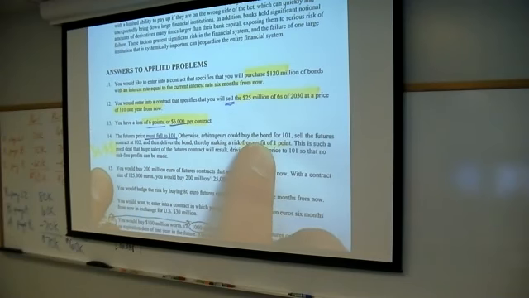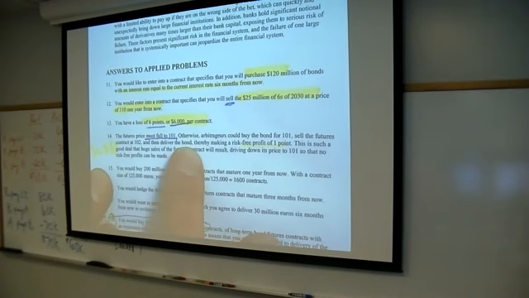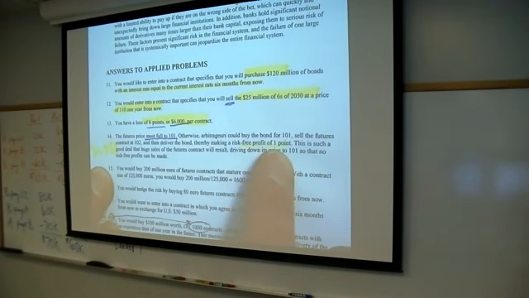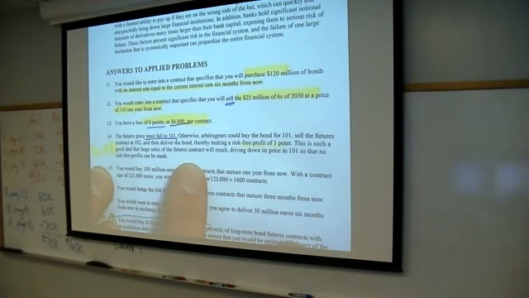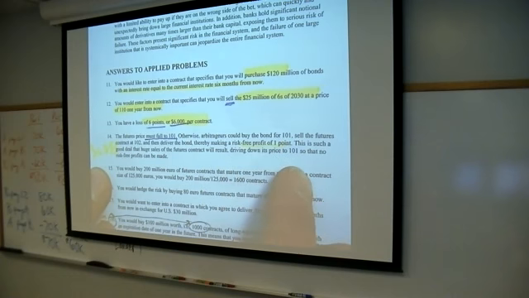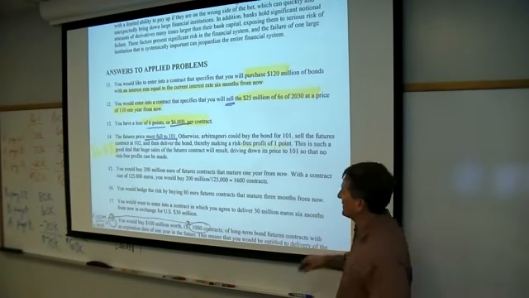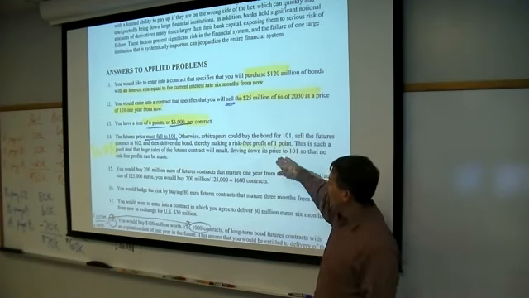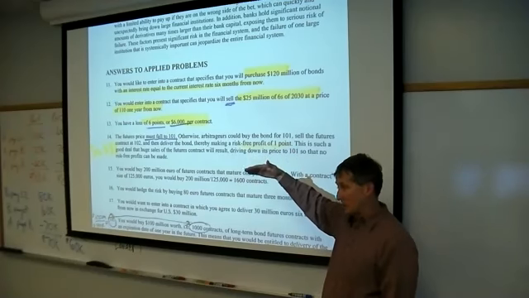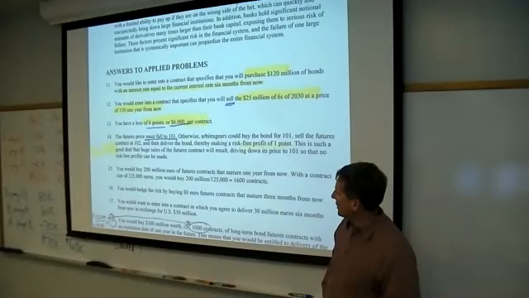Otherwise, you can arbitrage, buy a bond for 101, sell it in the futures contract for 102, and then deliver the bond, thereby making a risk-free profit of a point. This is such a good deal that everybody would be doing it, driving down the price to 101 so that no risk-free profits can be made. So that's kind of our efficient market hypothesis, that anytime we get closer and closer to certainty, the prices are going to converge on each other for the futures.